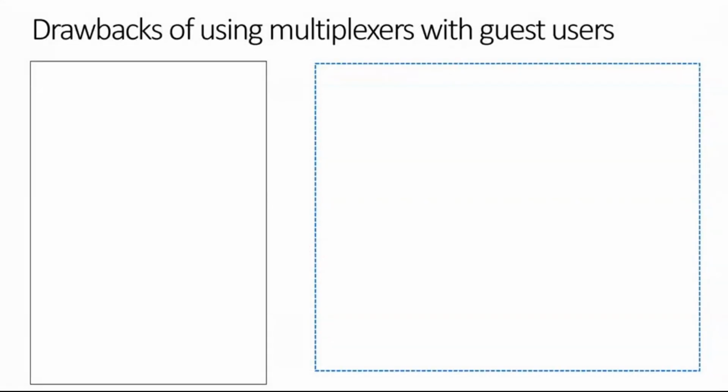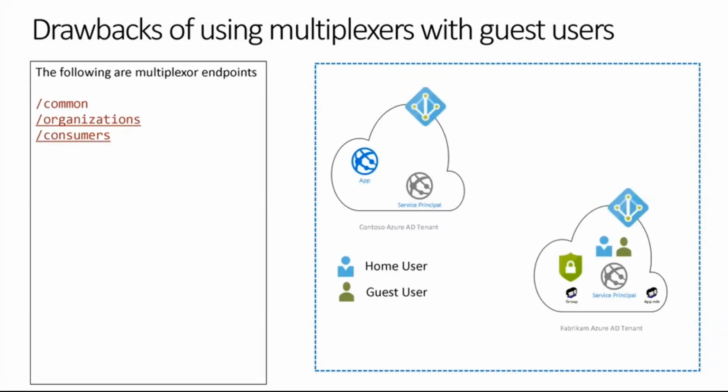Also, if you are using guest users in your multi-tenant app, and you're using one of these multiplexer endpoints like common, organizations or consumers, just remember that in your tenant, you have both a home user and a guest user.